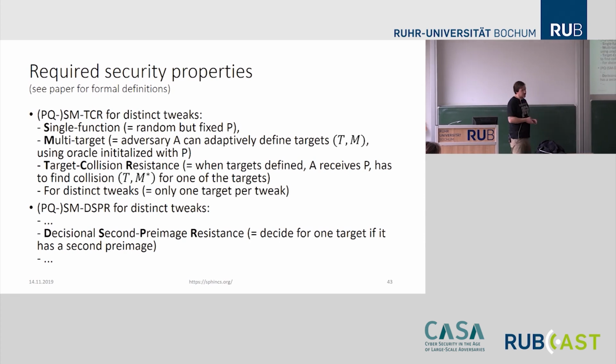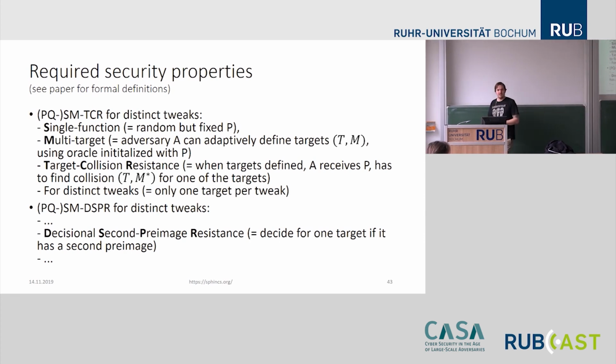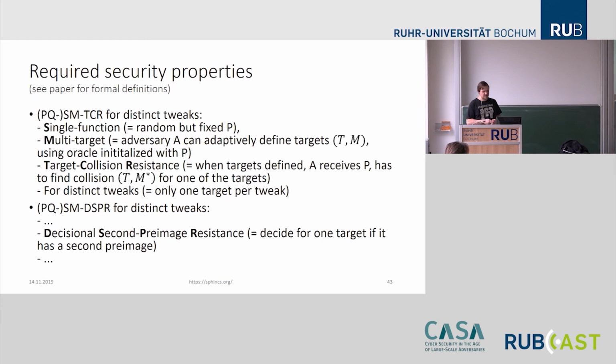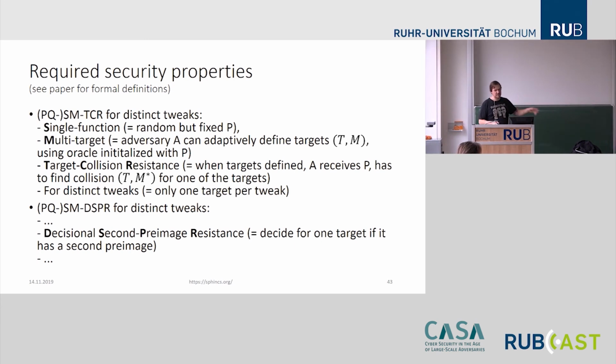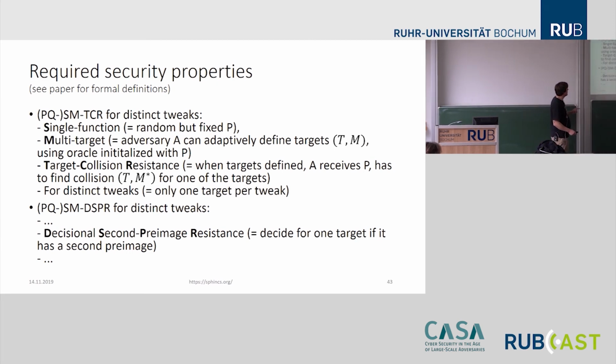Well, and then your security properties get pretty nasty at first. So what we need is, well, post-quantum, so skip that, but then single function, which means we're taking a random but fixed public parameter set.